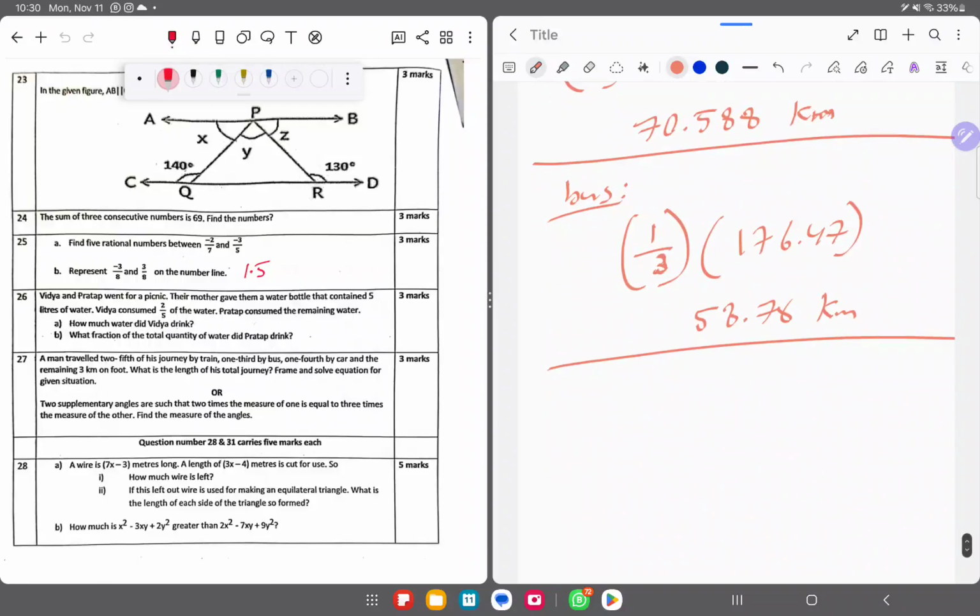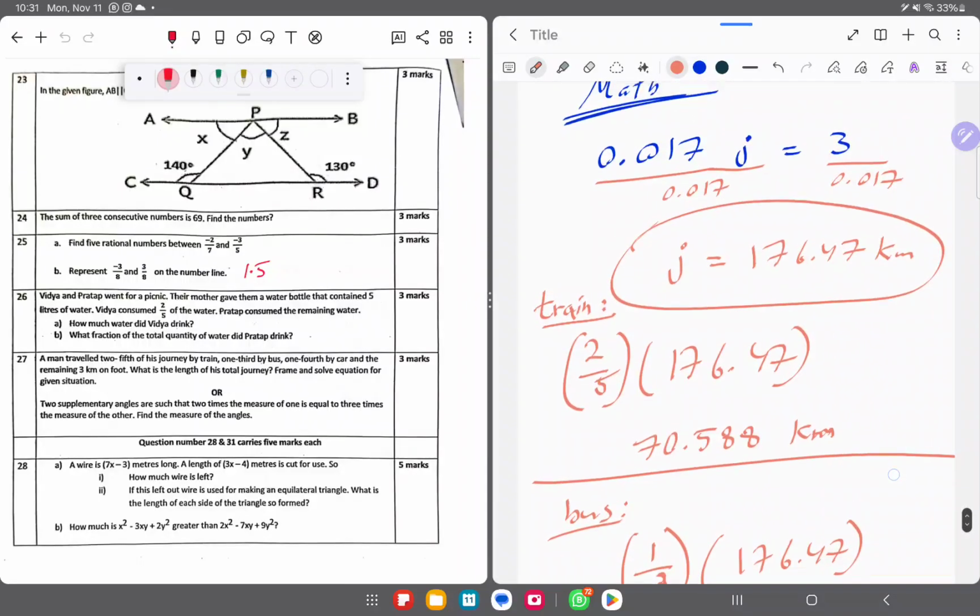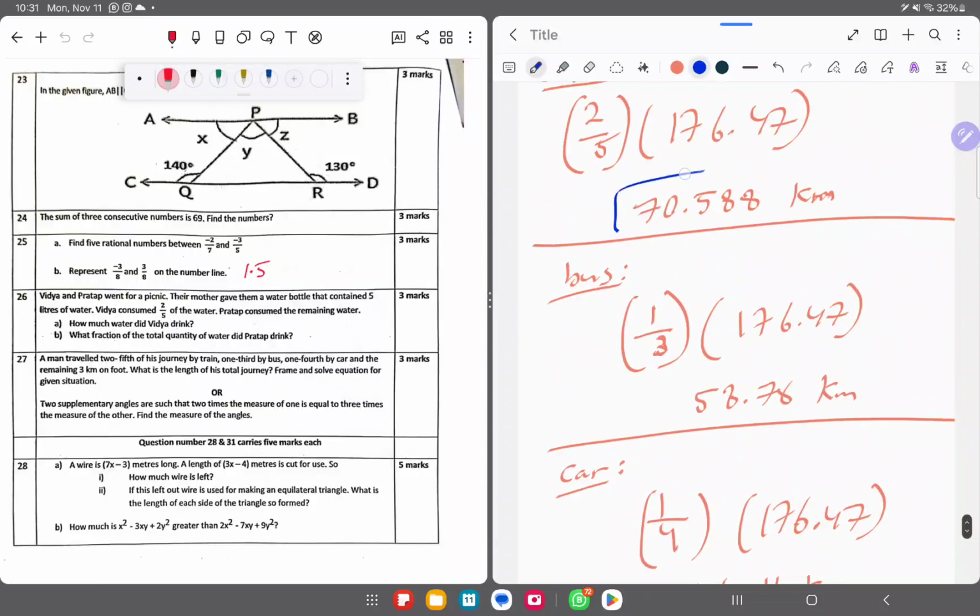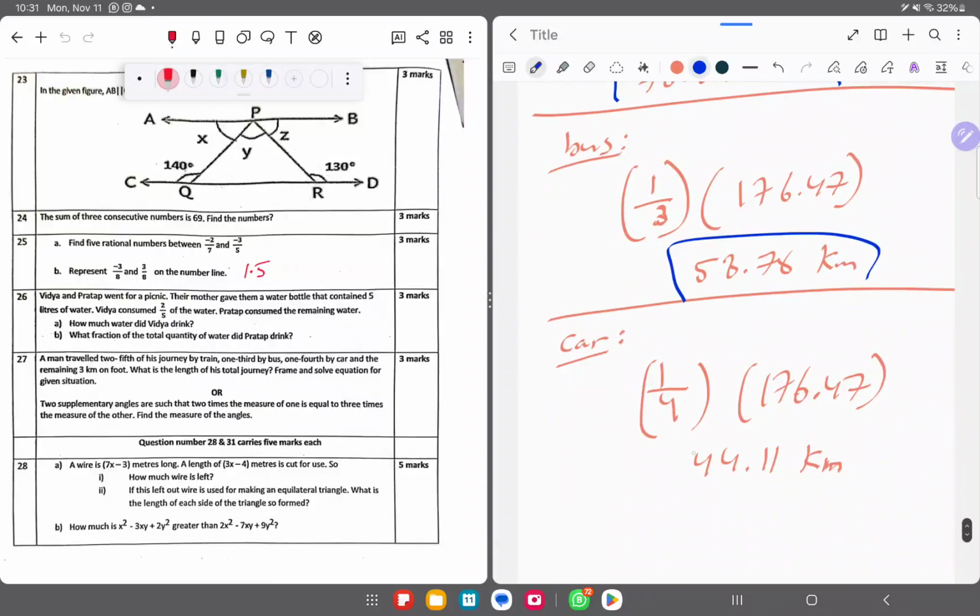And then with the car, 1 over 4 by car, so this one is the car. 1 over 4 of 176.47, 0.25 times 176.47, so 44.11 kilometers.